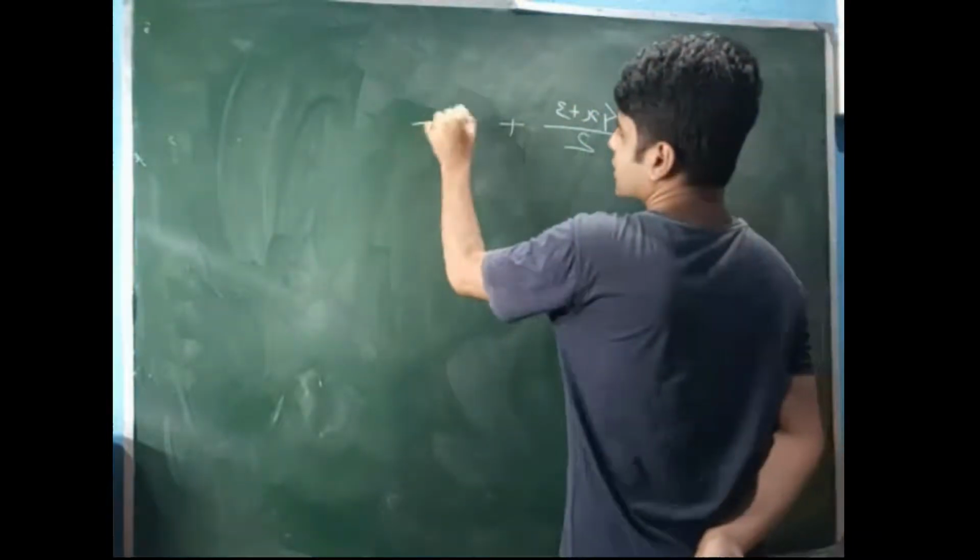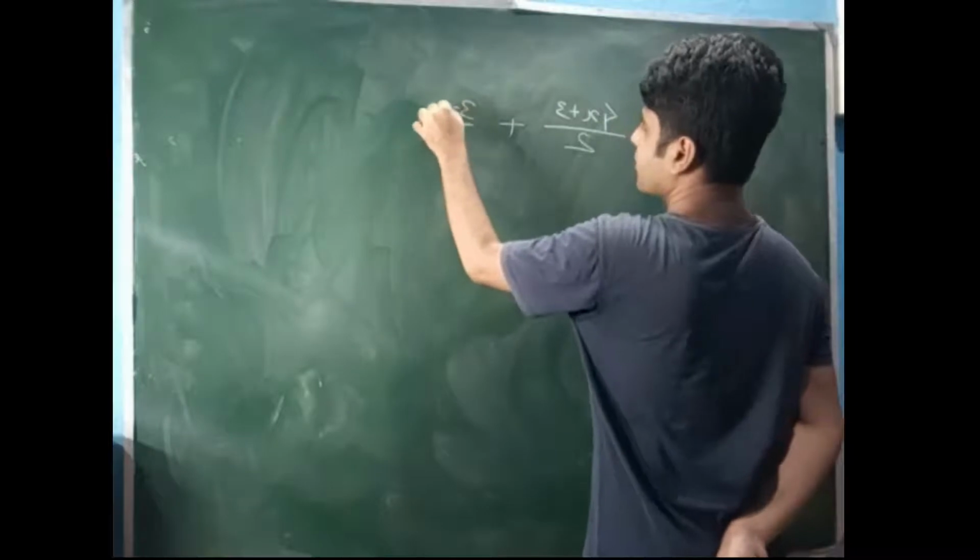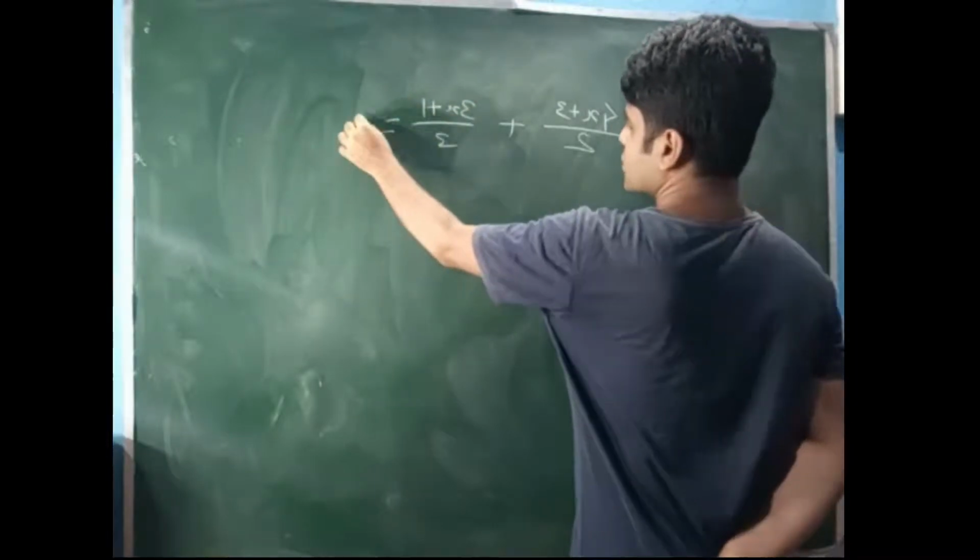The next portion is, suppose I have 4x plus 3 divided by 2, and plus 3x plus 1 equals 0.